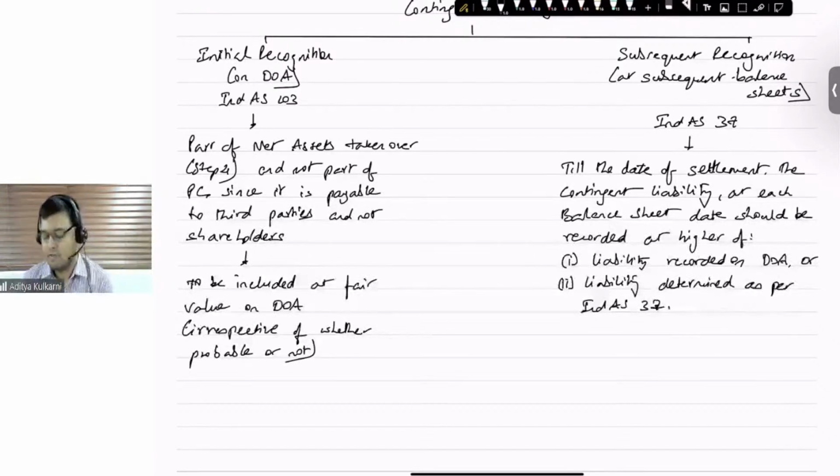So till the date of settlement, the contingent liability should be recorded at the higher of the liability on the date of acquisition, or the liability determined as per Ind AS 37.